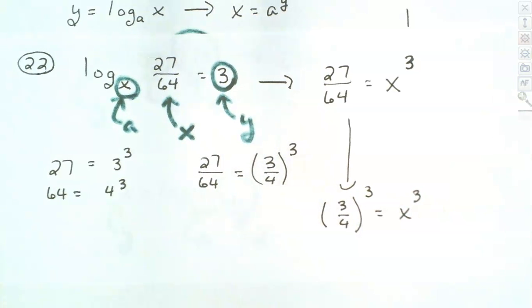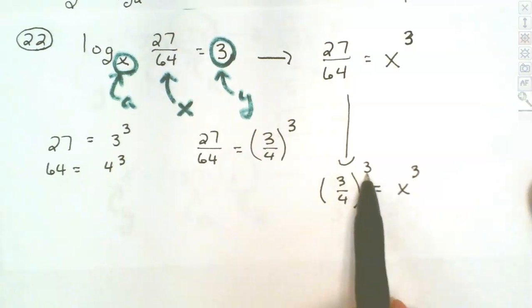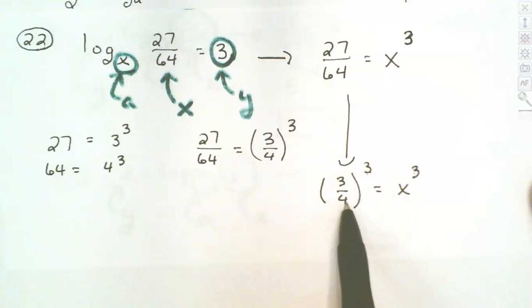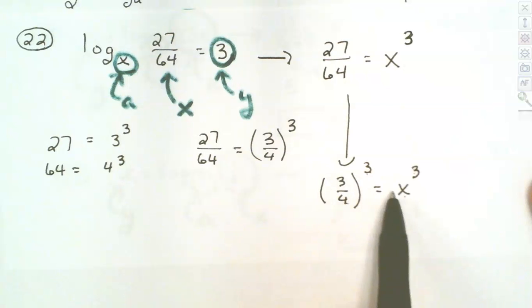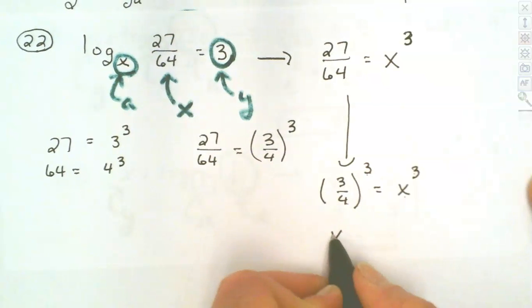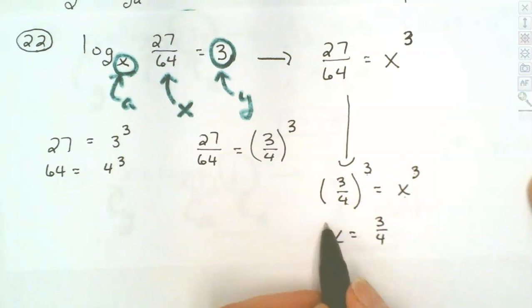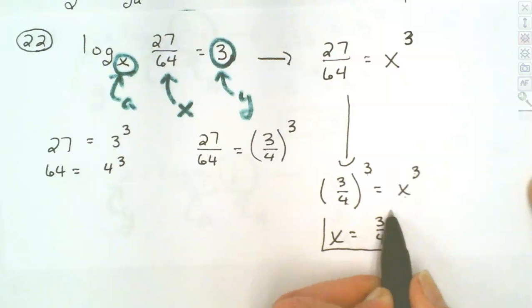And that's what we wanted, because now we know that the exponents are the same, right? They're both 3's. And if the exponents are the same, then the bases must be the same as well. So that gives you x equals now what? X equals now 3/4.